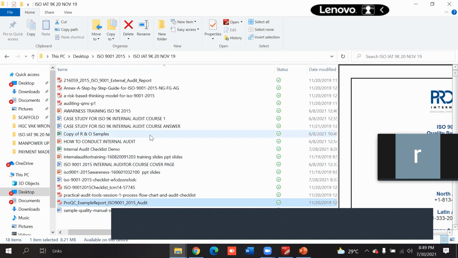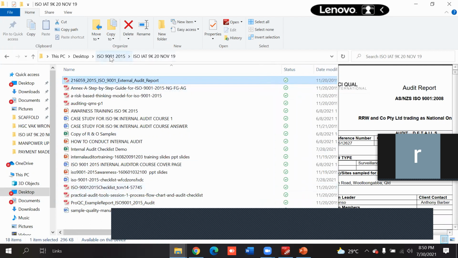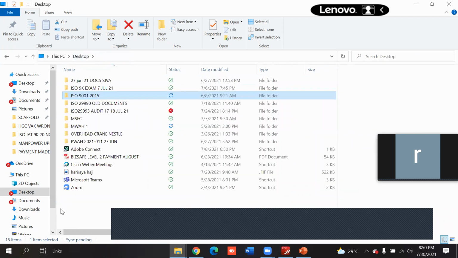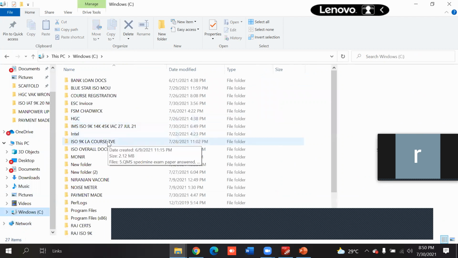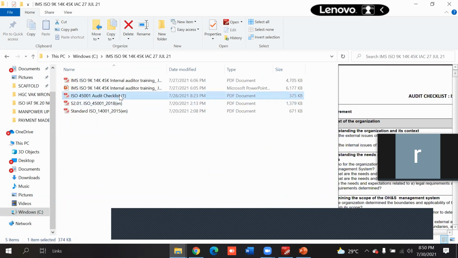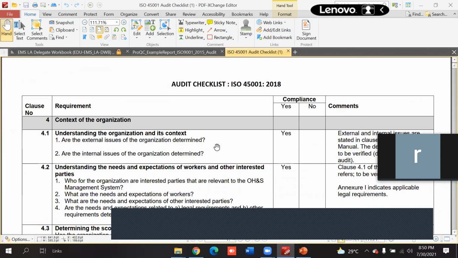I can maybe show you one audit report. I can maybe show you the question now. Okay, let's say we look up the safety audit checklist.